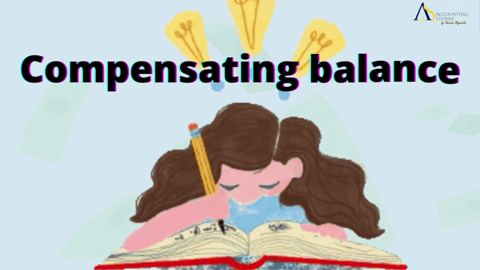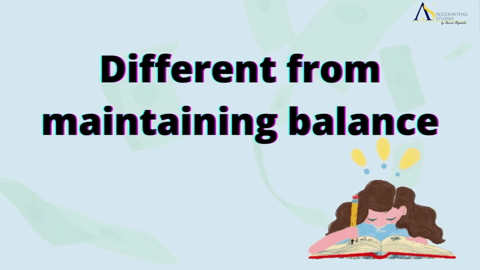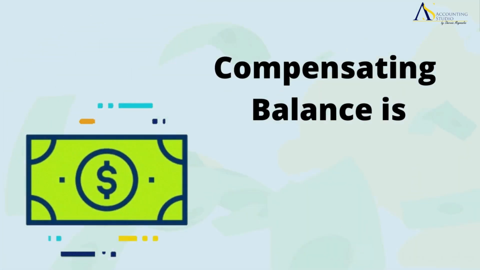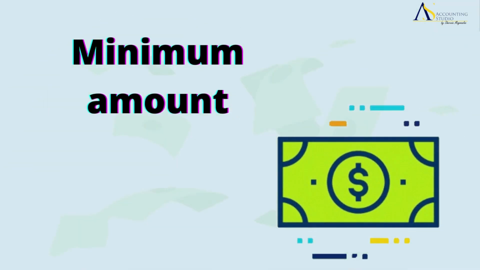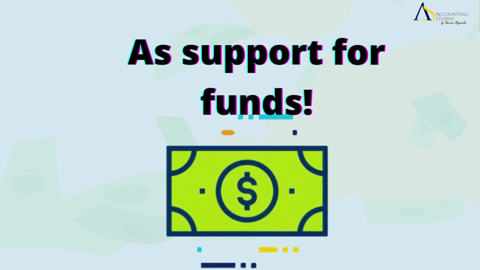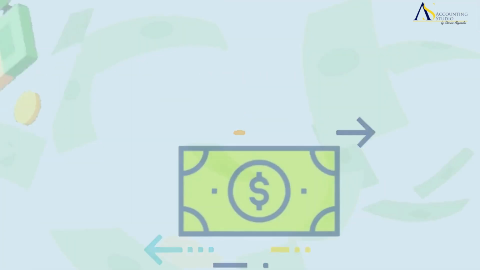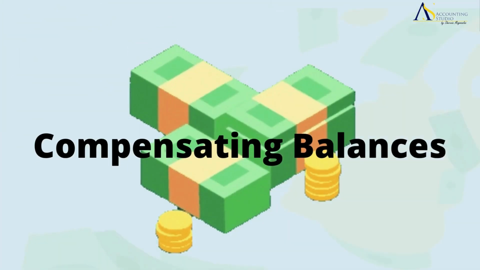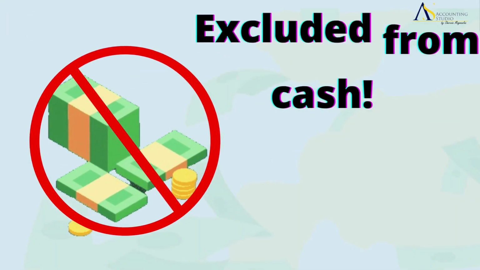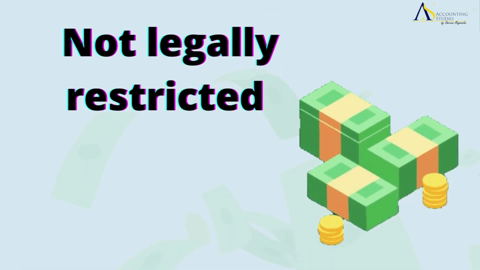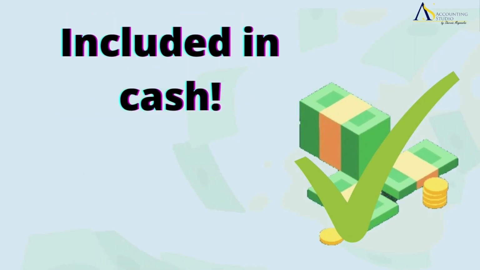Another is compensating balance. Take note that compensating balance is different from maintaining balance because compensating balance is the minimum amount that must be maintained in an entity's bank account as support for funds borrowed from the bank. Thus, compensating balances that are legally restricted as to withdrawal by the borrower are excluded from cash, while if it is not legally restricted as to withdrawal, it is included in cash.